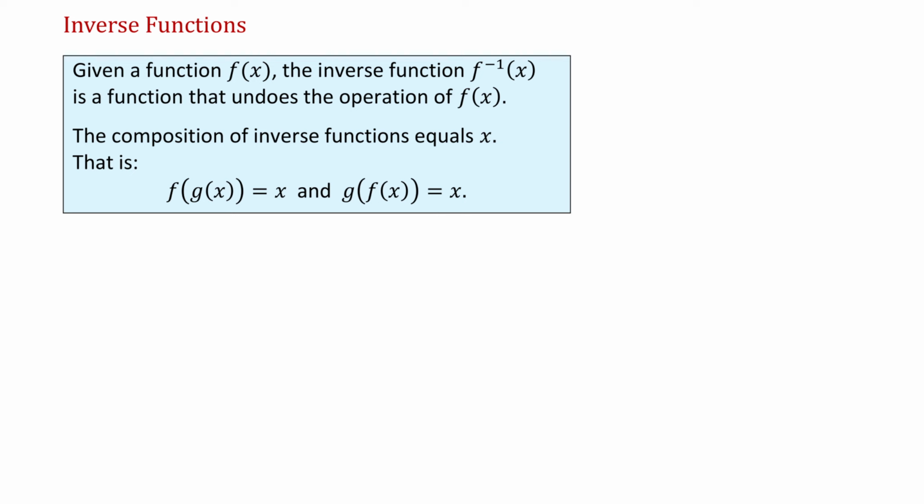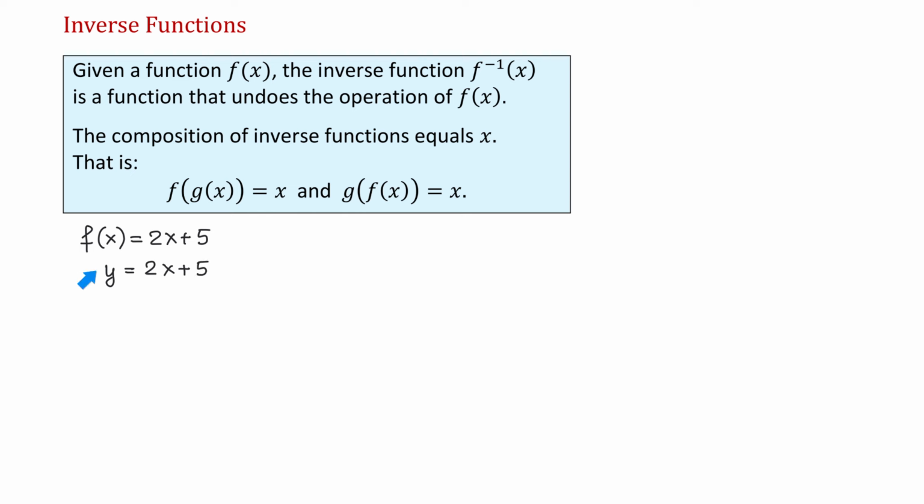Let's see an example. Let's say we have the function f of x equals 2x plus 5. First, let's see how we can find the inverse of this function. In the first step, for simplicity, we will replace f of x with y. So we will write y equals 2x plus 5.